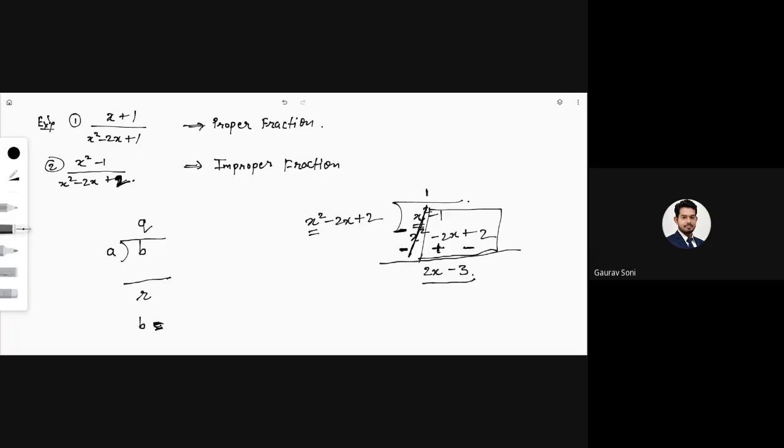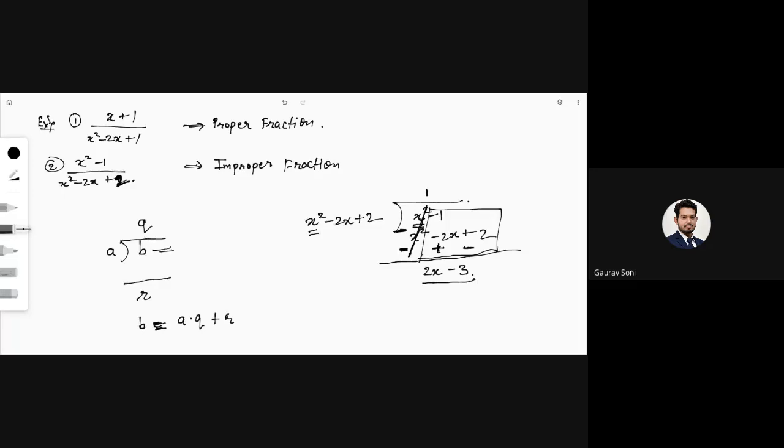Ananya? Divisor into quotient plus remainder. Exactly. So what we will have is B is equal to A into Q plus R.